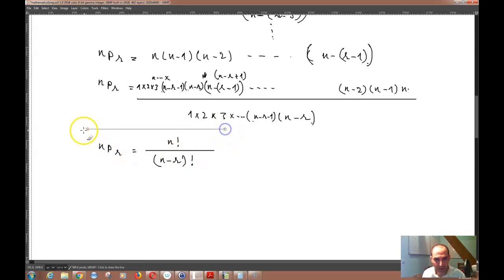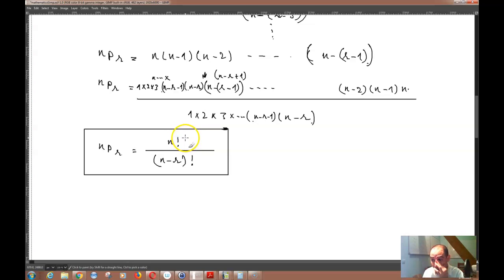Now, of course, the factorial notation in the beginning is a little bit tricky to work with, but it's super important in series and infinite series and that sort of thing.